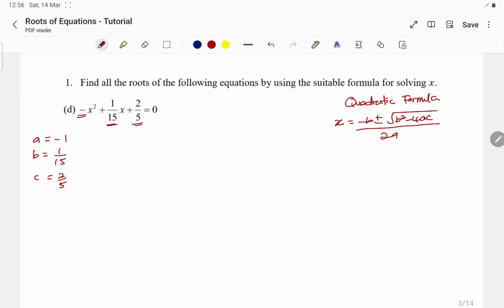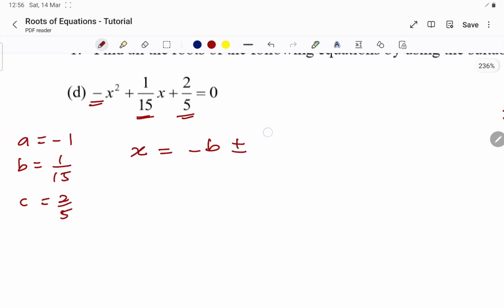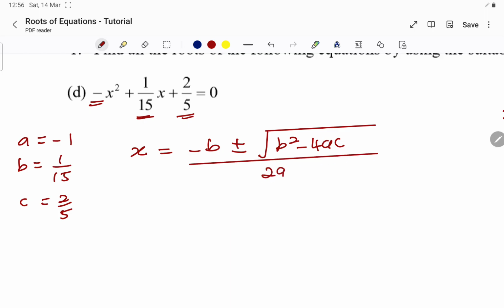Now we proceed by solving for the variable x. So we have x is equal to -b plus minus, I make it a bit bigger, the square root of b squared minus 4ac, divided by 2a.